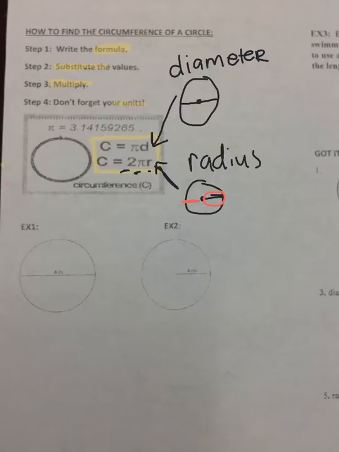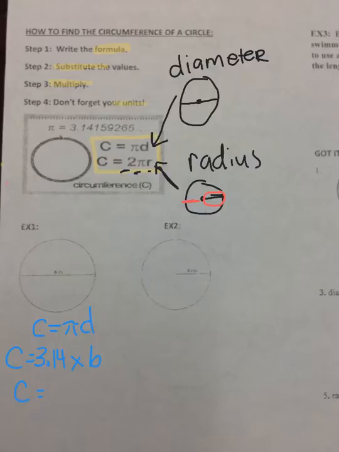The first one, we have a circle, and it has a diameter of 6 inches. I want to start with my formula. Since it's a diameter, I'm going to use C equals pi times D. Step 2, I'm going to substitute my values. Pi's value, we're going to use the decimal value unless otherwise specified, multiplied by the diameter, which is 6.